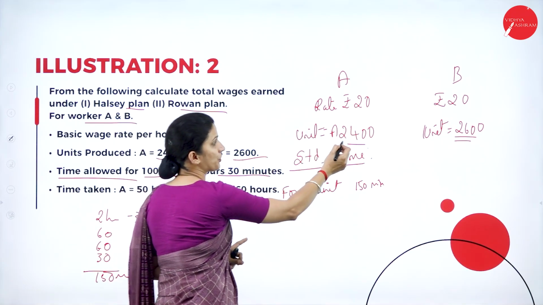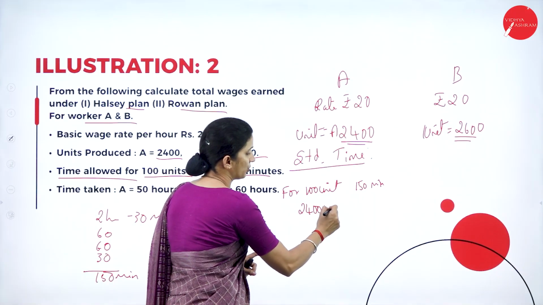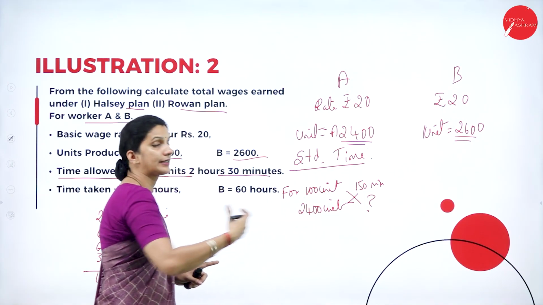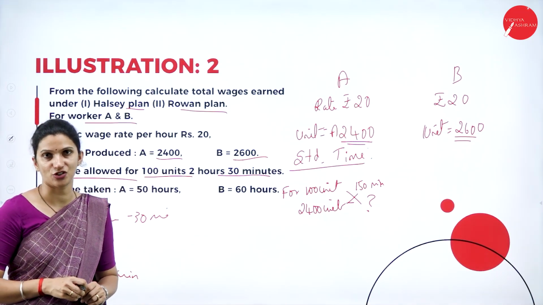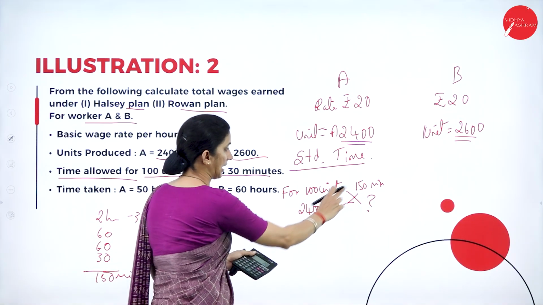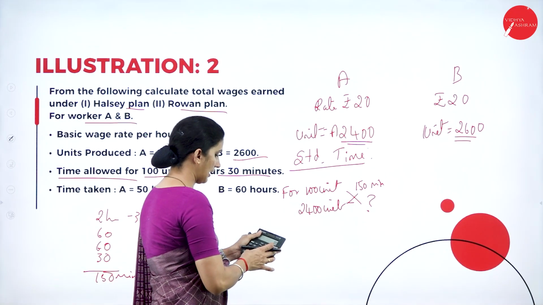Okay, here for 100 units the total time given is 150 minutes. So, what is the unit produced by A? It is 2400 units. For 2400 units, what is the time required? That we need to do by cross multiplication: 2400 into 150 divided by 100.